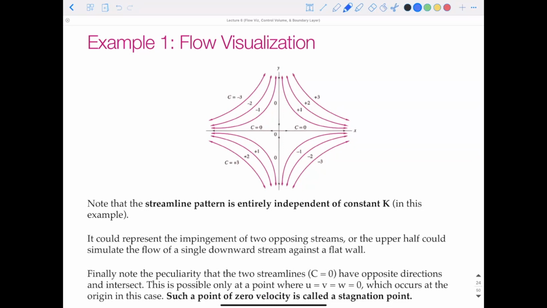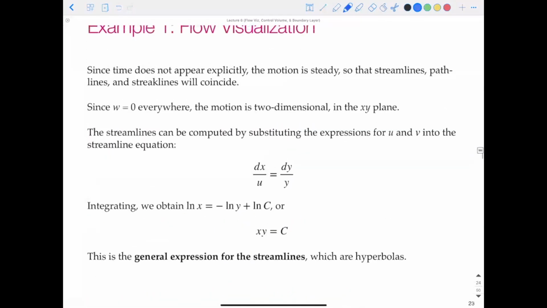So how do we go from the ln stuff to xy? Let's remember the principle ln A plus ln B is equal to ln of AB.